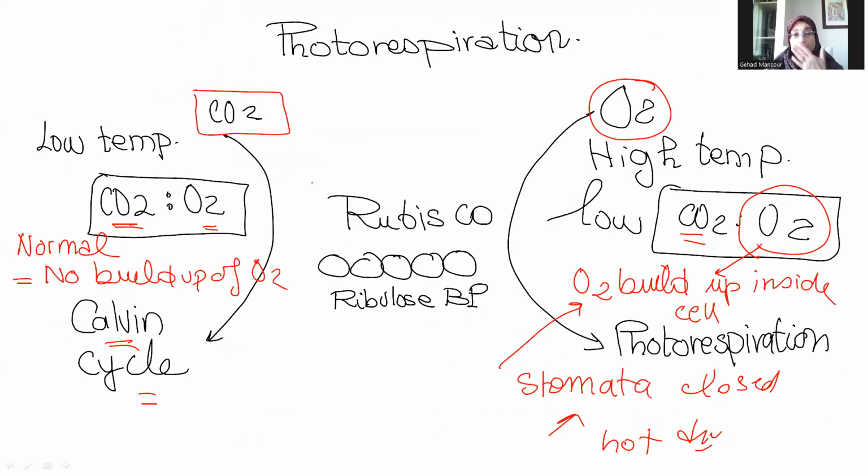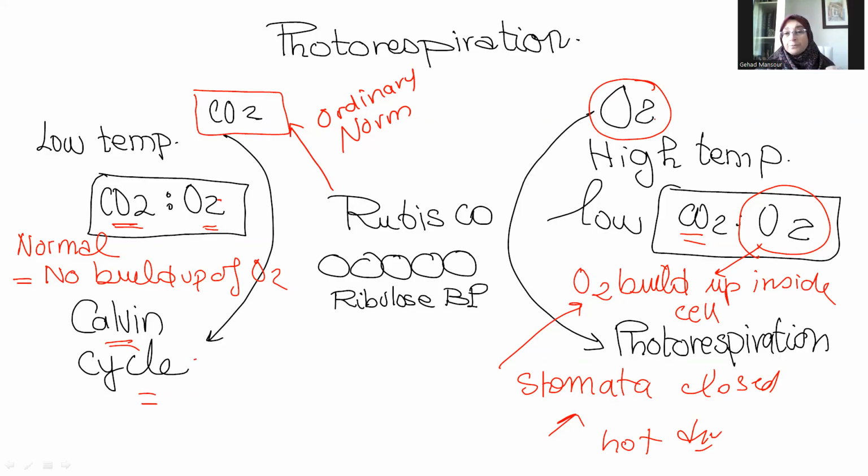Okay, so here we have rubisco. Rubisco, when the weather is fine at low temperatures, fixes carbon dioxide. This is the norm. When the ratio of oxygen to carbon dioxide is normal and there is no buildup of oxygen, carbon dioxide is fixed normally through the Calvin cycle.